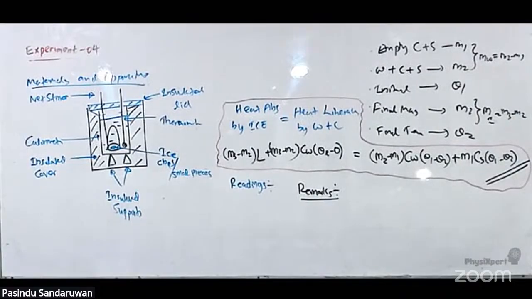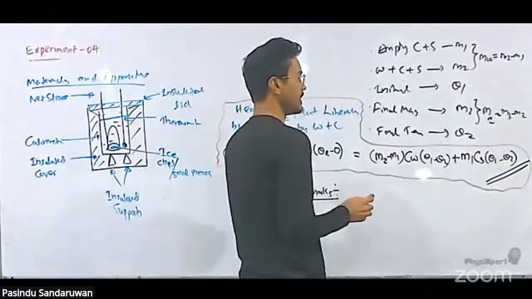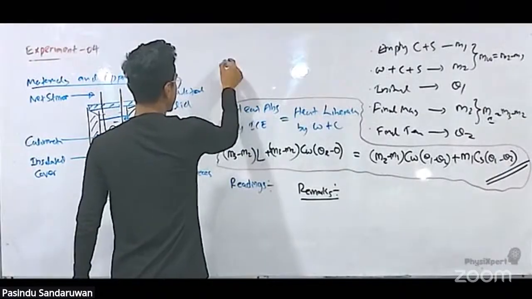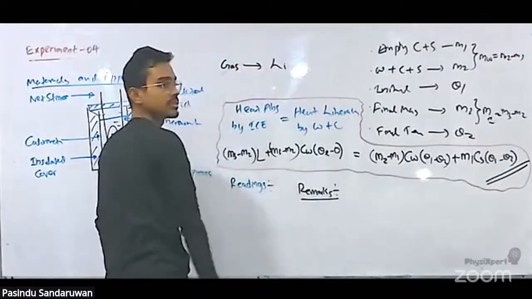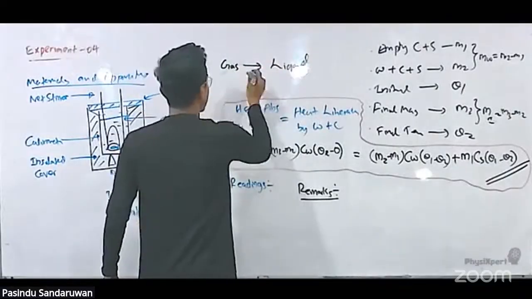When dew forms, gas particles become liquid. Is it absorption or liberation? It is liberation, not absorption. Then it is absorbed by the calorimeter. If you are confused about that point: when dew forms, water is coming from the gaseous state to the liquid state, and gaseous to liquid means heat is released.